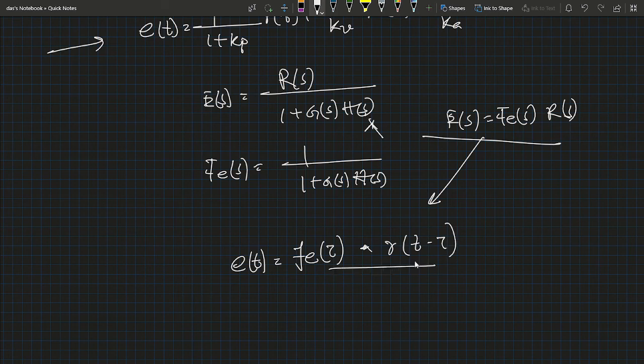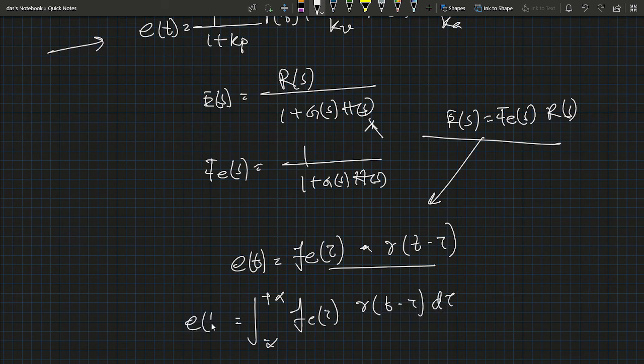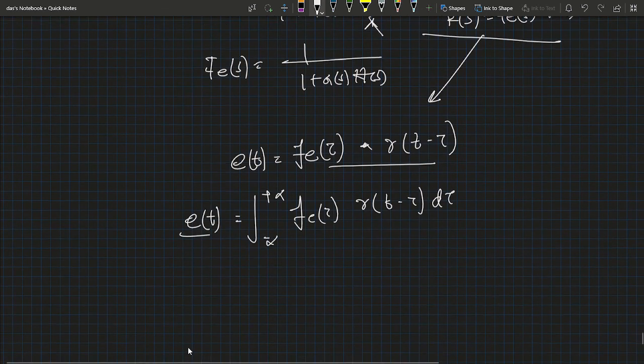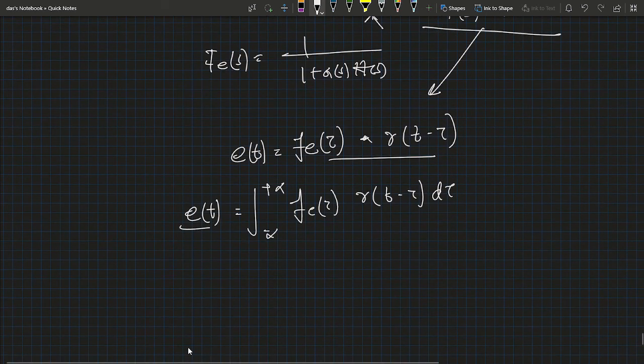That is a convolution of two signals, and that expression is also expressed from minus infinity to plus infinity of Fe(tau) into r(t minus tau) d tau. This is an integral form of the error in time. It is very time consuming to measure this parameter.